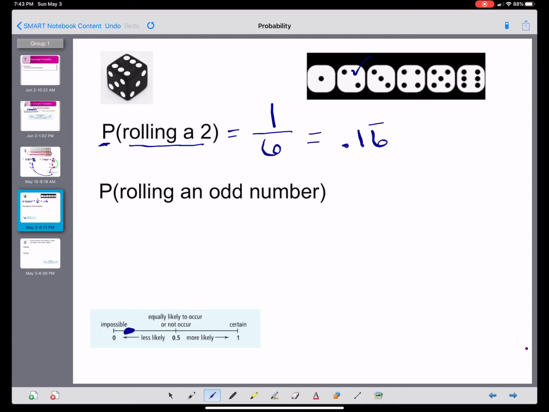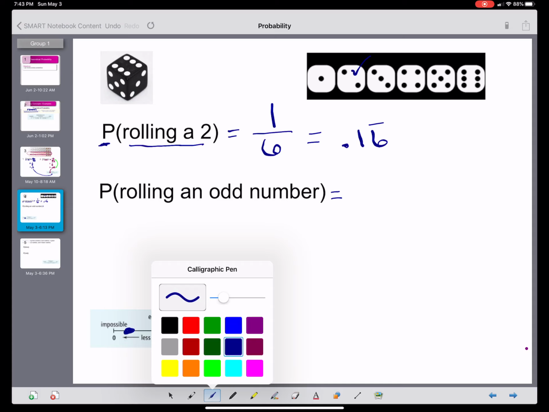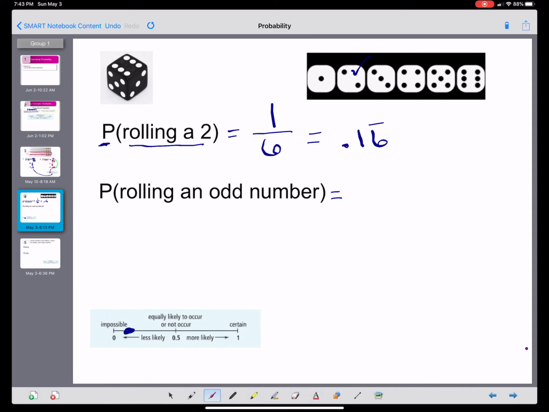What is the probability of rolling an odd number? Well, let's take a look at this. How many odd numbers are there? Remember, odds are 1, 3, and 5. So 1, 3, and 5. How many are there?